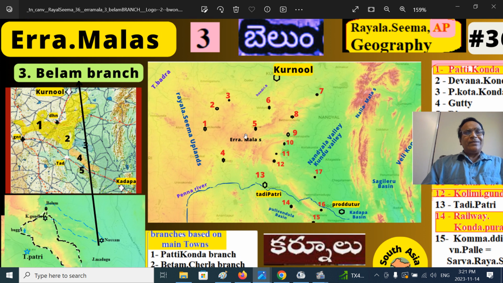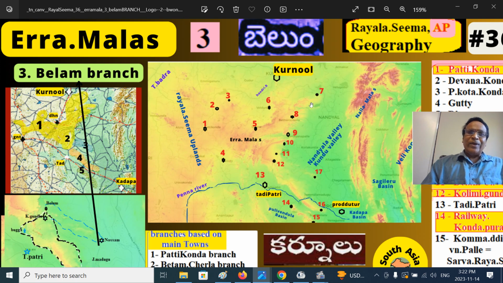Previously, we have identified the Erramala mountains. You see the Erramala mountains here. These are the broader Eastern Ghats, or Turpu Kanumalu in the local language Telugu. Between them is the Nalamala range, and this is Nandyal valley, based upon the big urban center Nandyal, where the Kundu river flows; it is called the Kundu river valley.